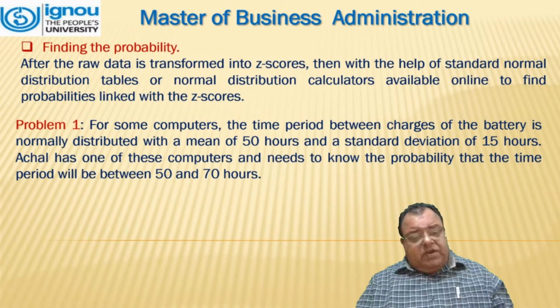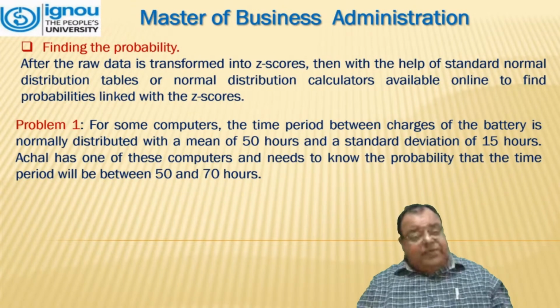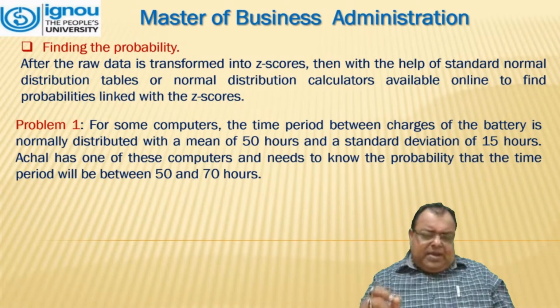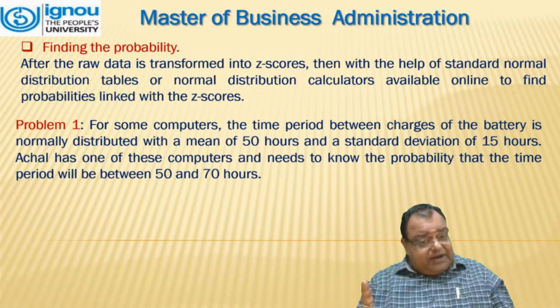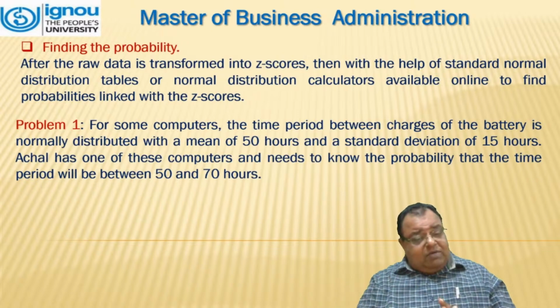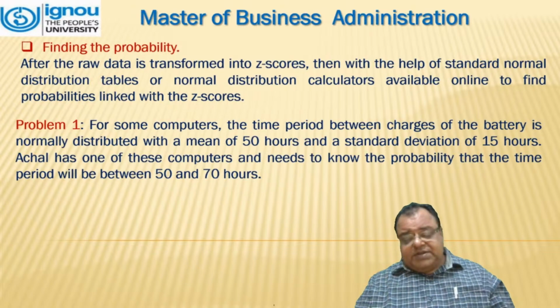Achal has one of these computers and needs to know the probability that the time period will be between 50 and 70 hours. Here, the mean is 50, the standard deviation is 15, and we are given two values of x, that means 50 and 70. And we have to calculate the probability between 50 and 70 hours.